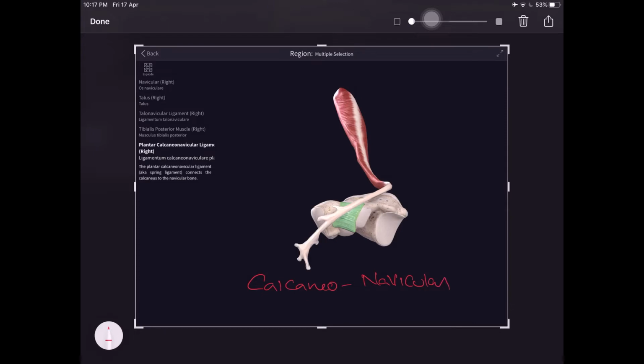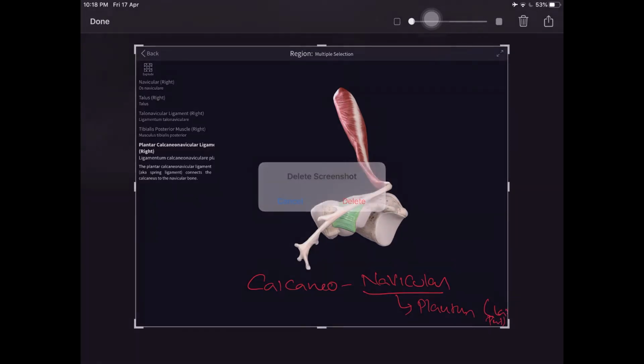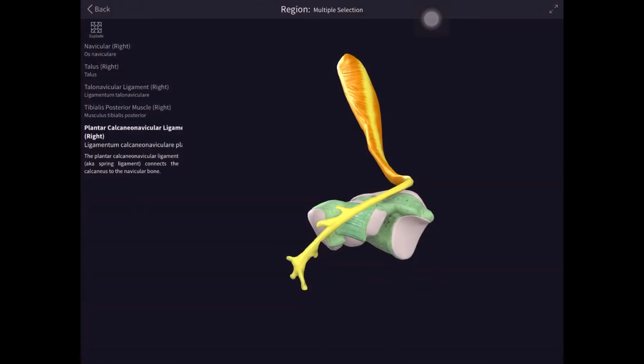That means it is from the calcaneum to the navicular bone. So the calcaneal attachment we have seen in the calcaneum, and here to the navicular. Where on the navicular is it attached? It is attached to the plantar surface. Where on the plantar surface? The lateral part. So that's your attachment.